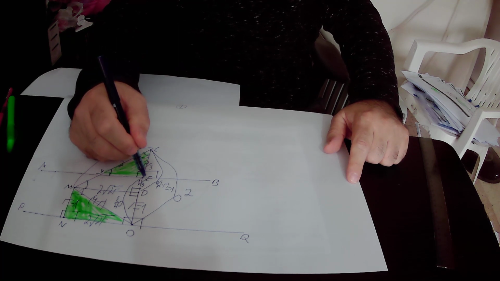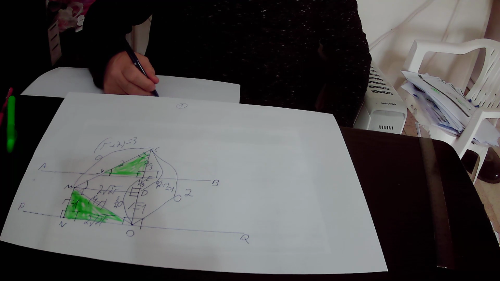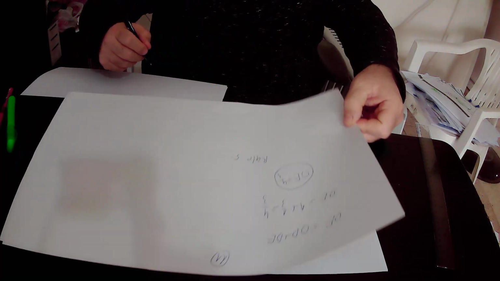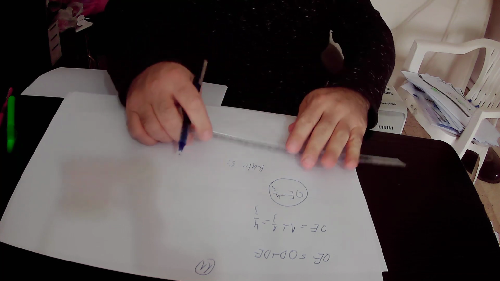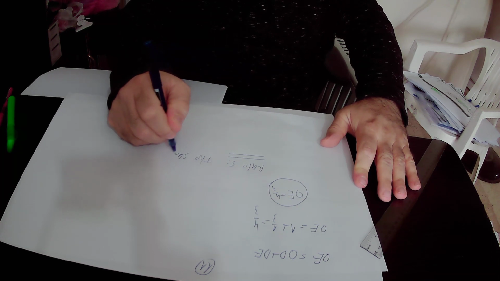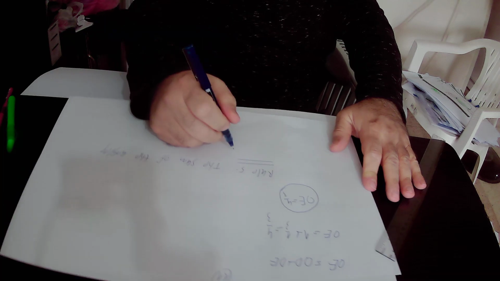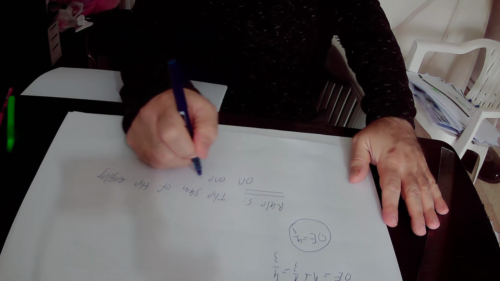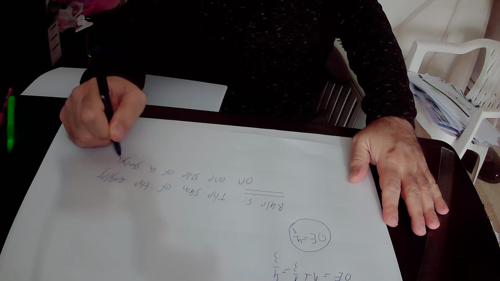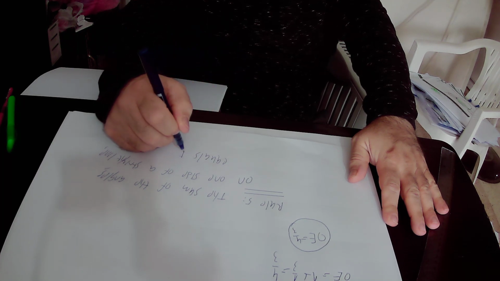Here I will present a new rule. Rule number 5 states that the sum of the angles on one side of a straight line equals 180 degrees.